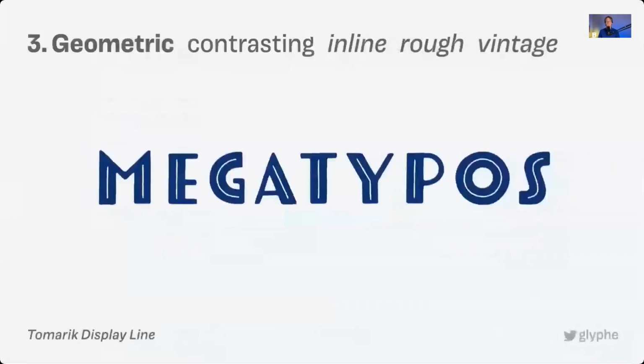And in this case, you would still say it's geometric. It looks super geometric. The G is a half circle, just half a circle. The A is a triangle. The O is almost a perfect circle. So it's very constructed. It's linear, but it also has an inline, which makes it interesting and a bit vintage and also a bit rough. You don't see this that clearly, but some wobbly shapes in there. It's not that exact.